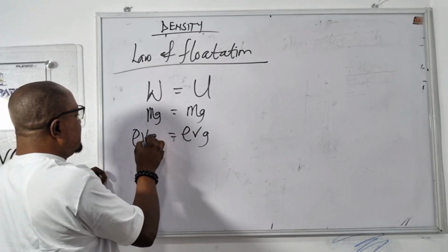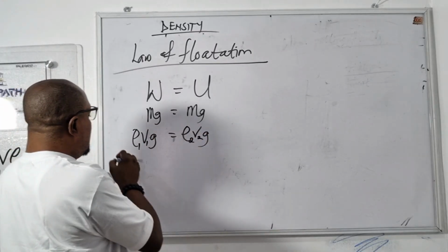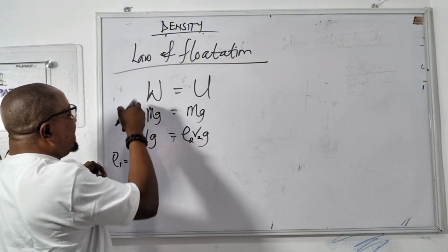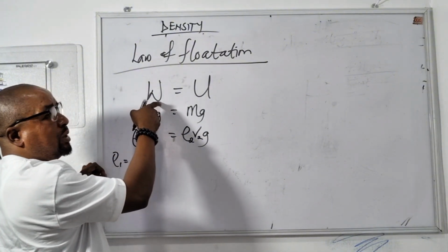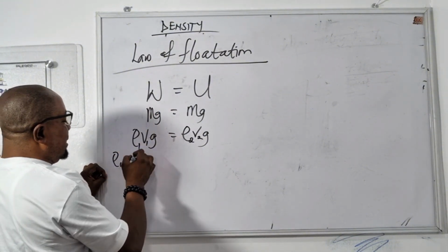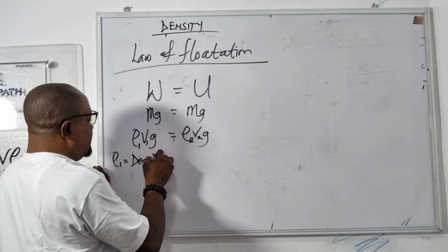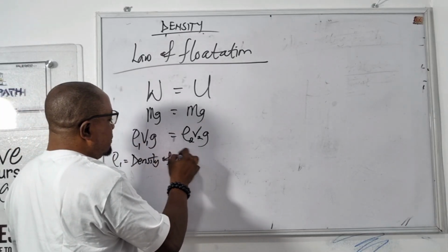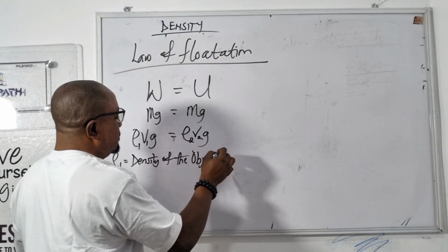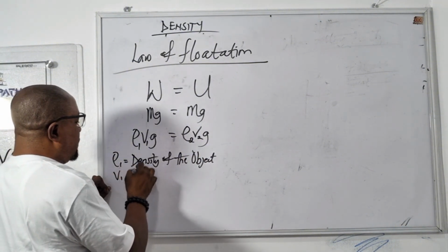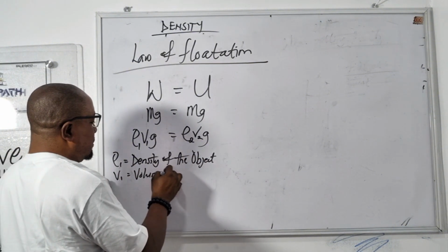Let's say this is 1 and this is 2. Density 1 is the density of the object, remember this is weight, and weight is in air. V1 is the volume of the object.